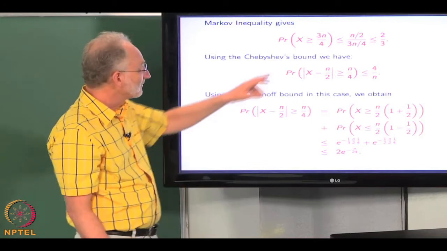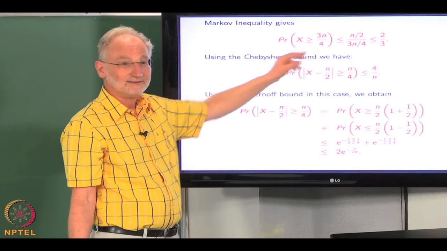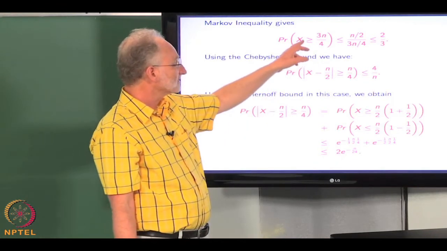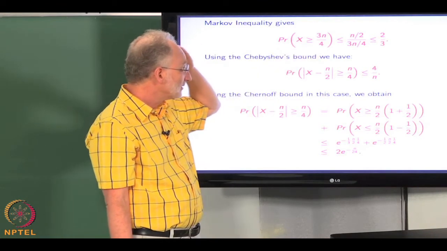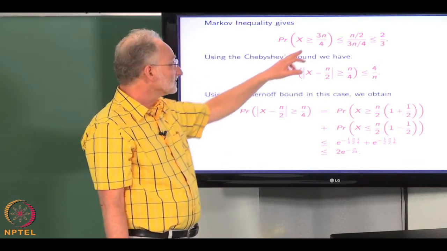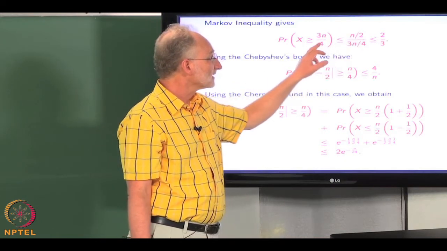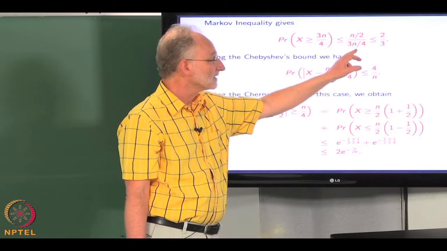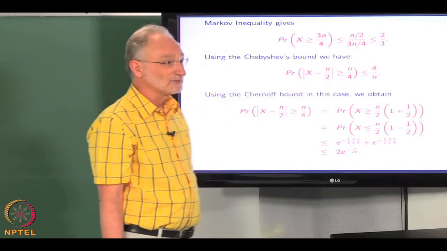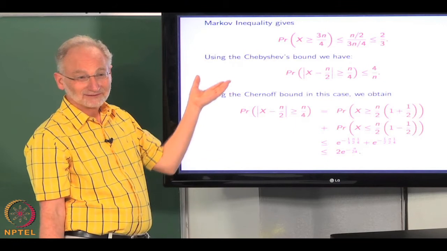If I plug it into Markov's inequality, the probability that I get 3/4 n heads is bounded by the expectation divided by the value A, and we get that the probability is just bounded by 2/3, which is really nothing.